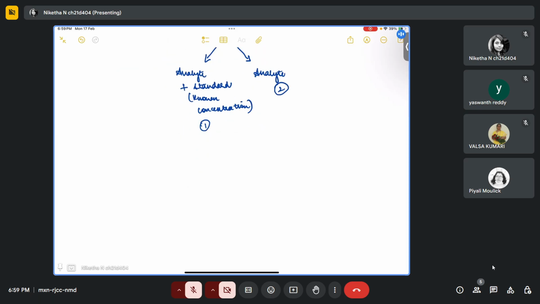Okay, so when we do instrumental analysis, sometimes there will be cases of false positive and false negative. So, what's the meaning of these two terms?